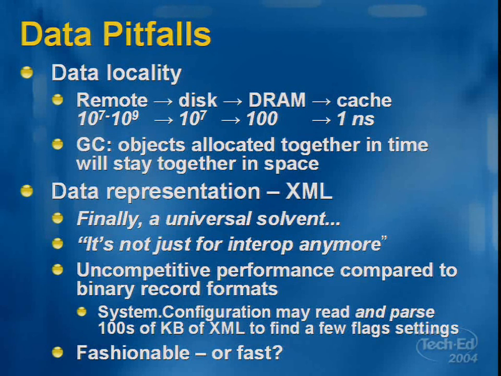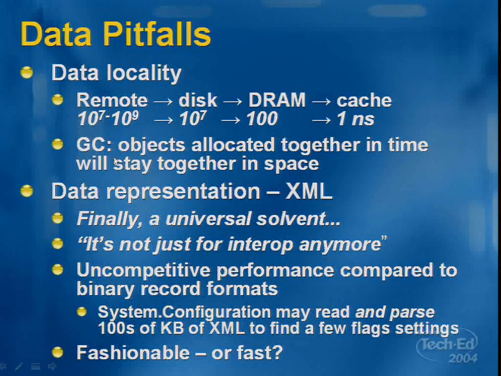In some cases, you need to make a copy of the remote data locally, or on a background thread, you have to bring in some data from disk into RAM. And in some cases, you have to even worry about cache locality and whether the critical data structures fit in cache.